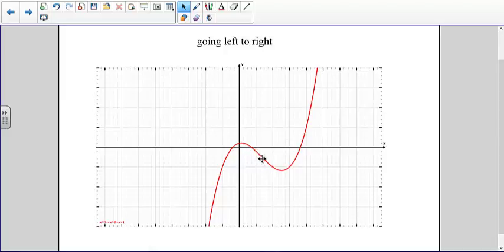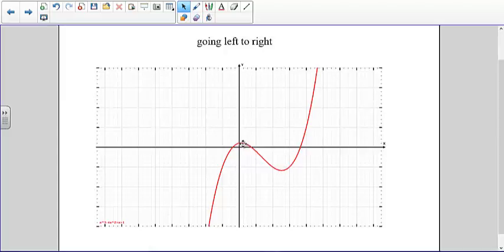Now here we have a decreasing function. During this part of the curve where the function is decreasing, it can be both positive and negative. The thing is that as you're moving from left to right, the value is becoming more negative.